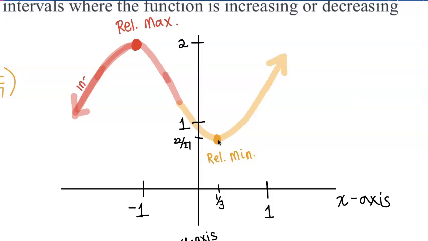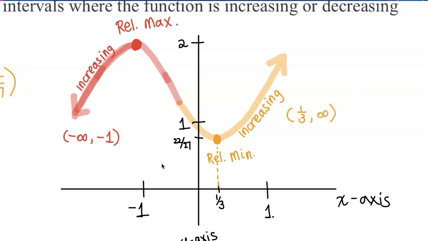I can see this graph is going up from left to right, from -infinity to -1, right? And again, it is increasing again from what point? From 1/3, right? From 1/3 all the way to +infinity.